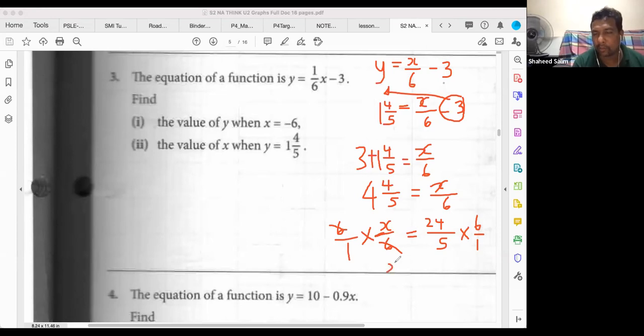So x is equals to 144 over 5. So you take 144 divided by 5. In your calculator, you will get 28. x is equals to 28 and 4/5, or 28.8. Is this or this?